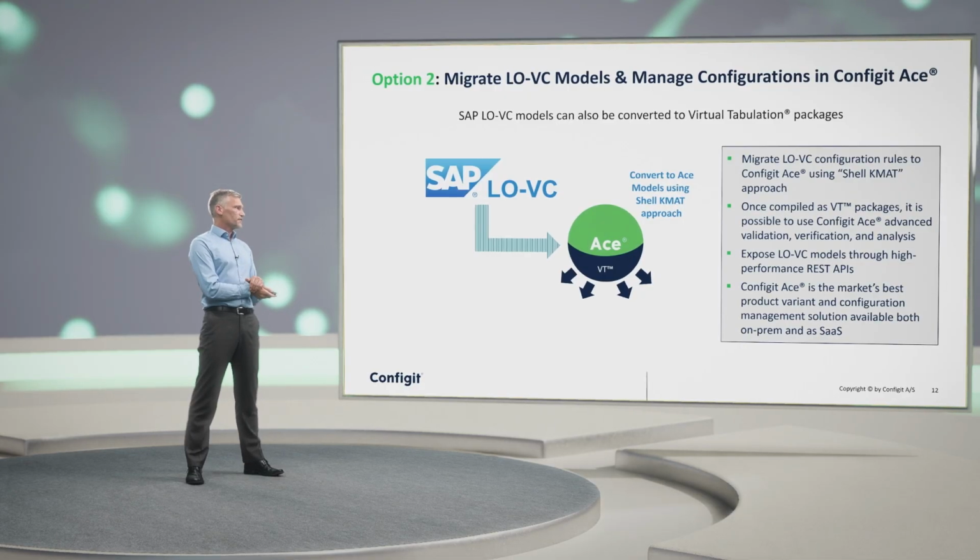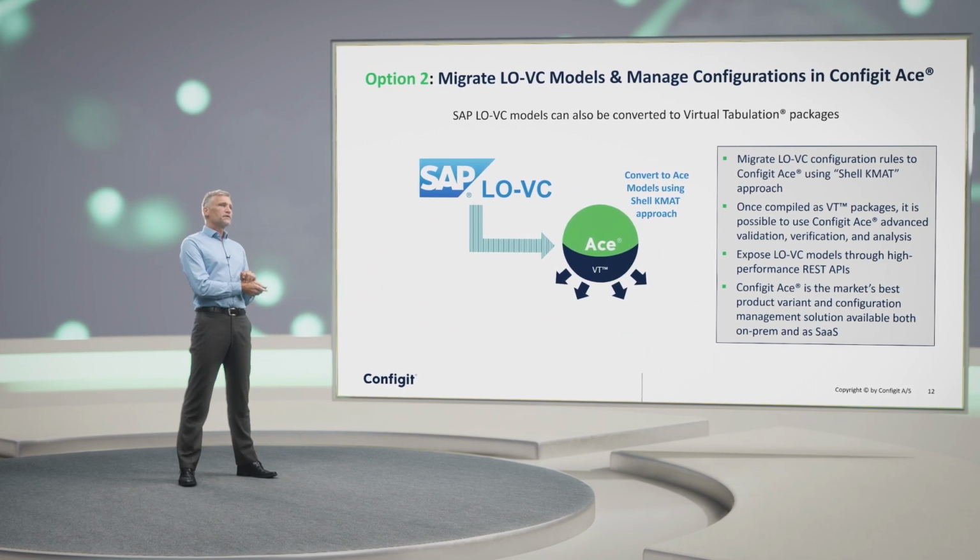And you get the same behavior as these models have on the SAP side. And you can say the advantage of this option is that you can extend the lifetime of your LO-VC models in this way. You don't need to migrate all the models at once, and you can utilize some of that functionality.